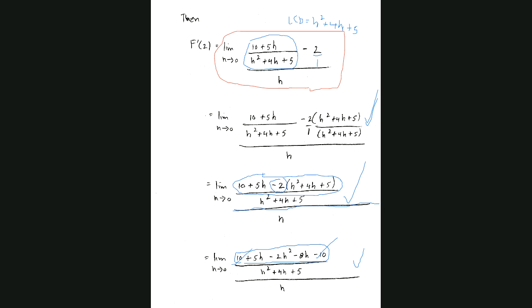And then, we can combine, Kelvin's right, the 5h minus 8h. So here in the numerator, what are we going to get? We're going to get negative 2h squared, then what?